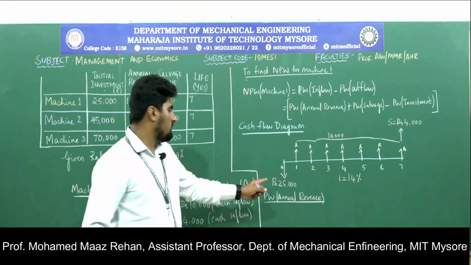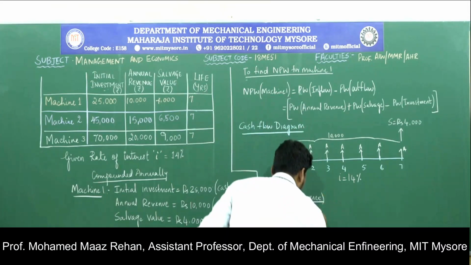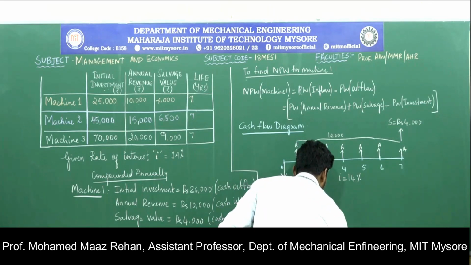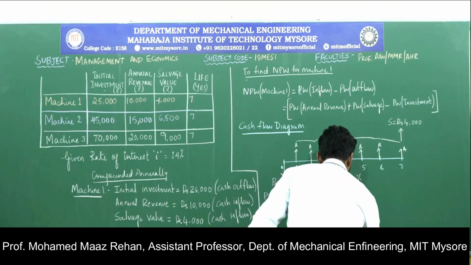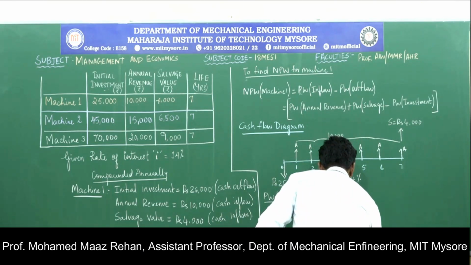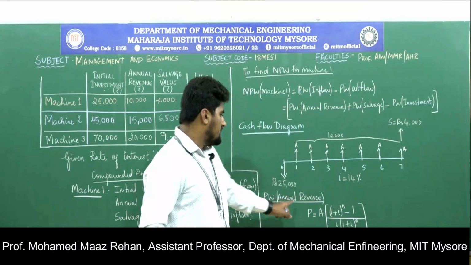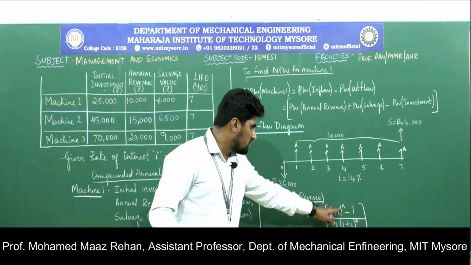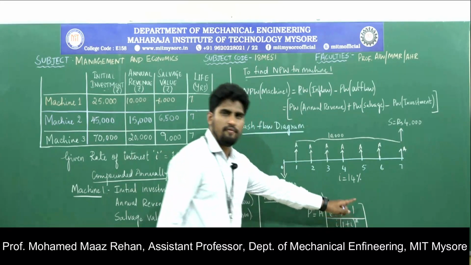Here we know the relationship between P and A. What is the relationship between P and A? P is equal to A into (1 plus i) to the power of n minus 1, whole divided by i into (1 plus i) to the power of n.